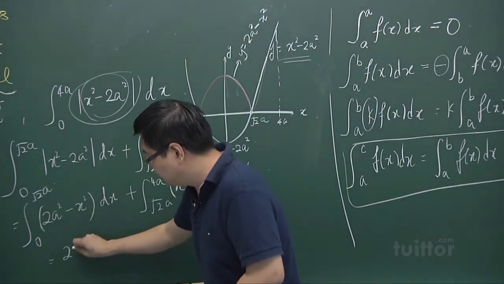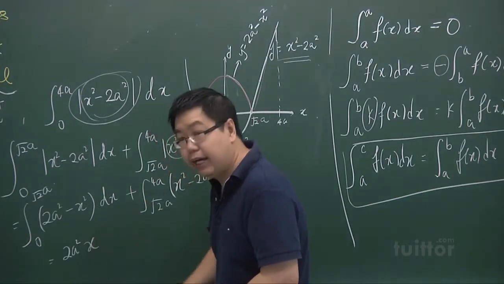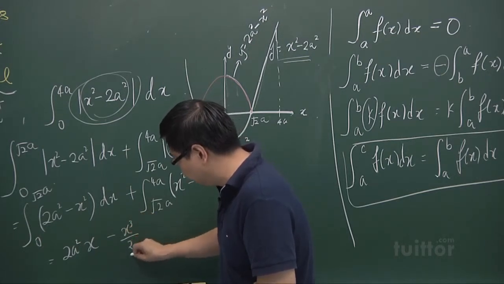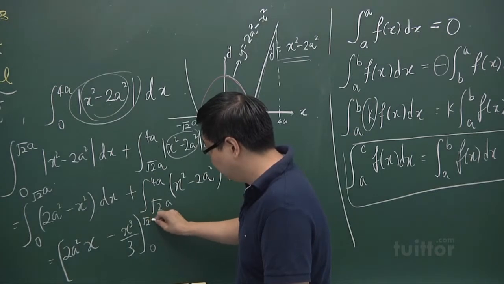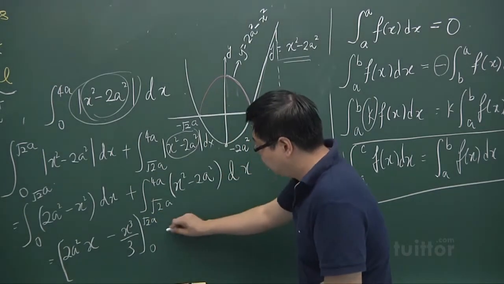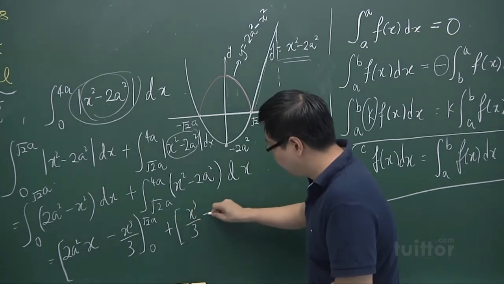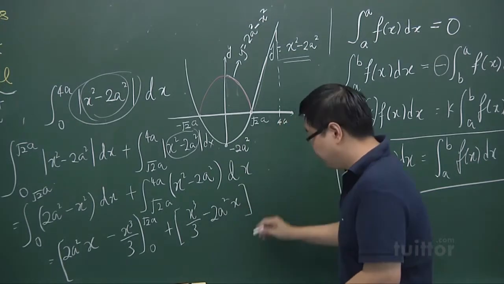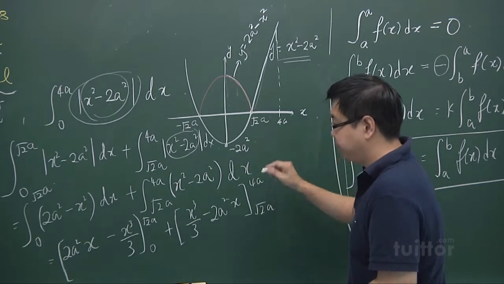And now we will integrate each term separately. We have 2a squared is a constant. We integrate with respect to x, you get 2a squared x, minus integrate x squared, becomes x cubed over 3, from 0 to root 2a. And the second one is integrating this one, becomes x cubed over 3 minus 2a squared x, from root 2a to 4a.